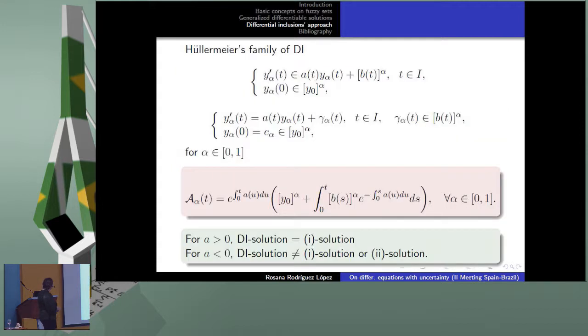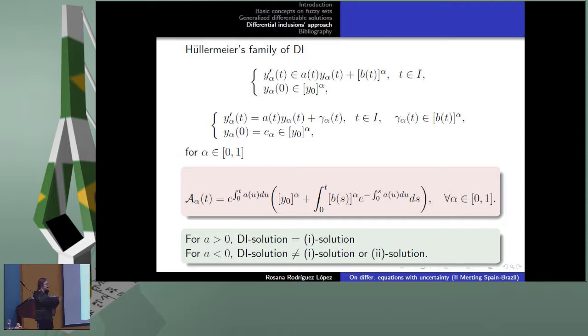So what we have found about this approach on this specific linear problem is that, first of all, the solution is simple to write. It's easy to deduce that if the coefficient A is positive, we are in the case, it is the same idea of h non-decreasing in the second variable, but this problem does not come from Zadeh's extension principle.